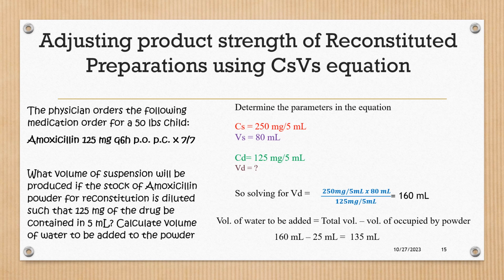But we're not reconstituting to 80 now, we're reconstituting to 160. So we subtract the volume occupied by the powder, which is 25 mL, and that will give us the total volume of water for reconstitution that we need to add to get a concentration of 125 milligram per 5 mL.